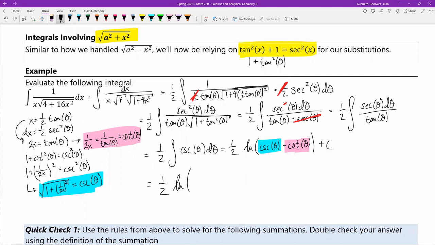My cosecant, square root of 1 plus 1 over 2x quantity squared, minus cotangent, and cotangent's 1 over 2x, plus C. And we are done.